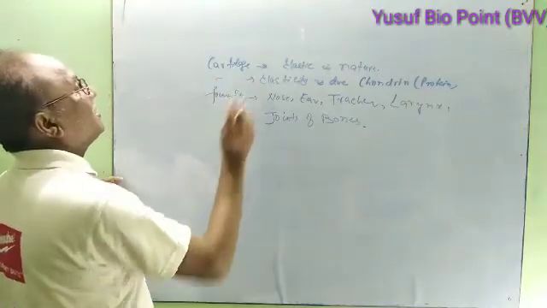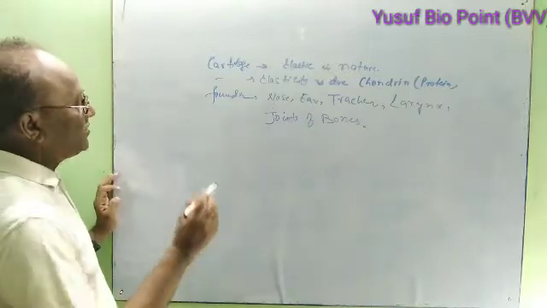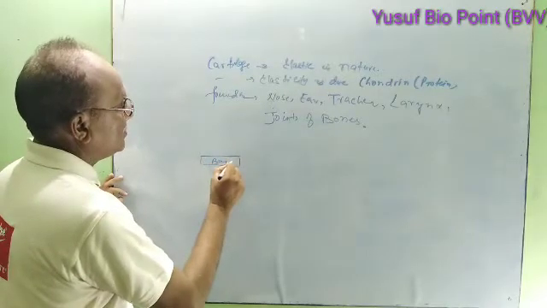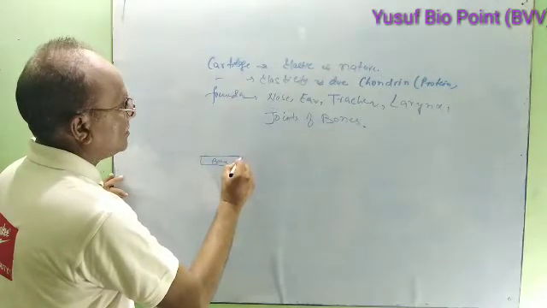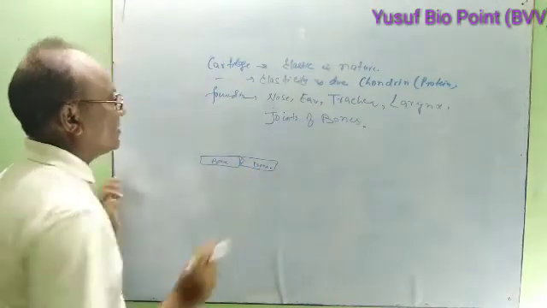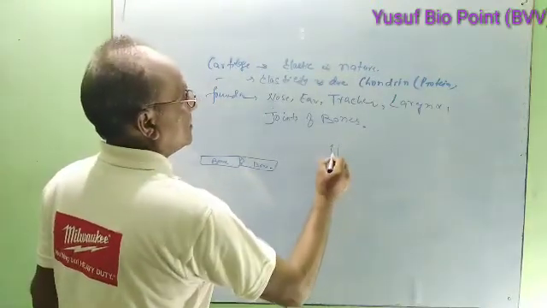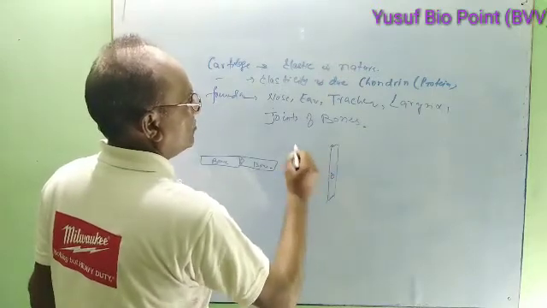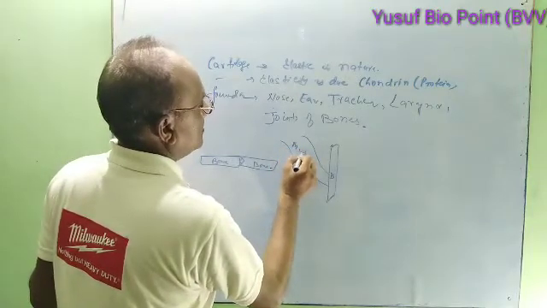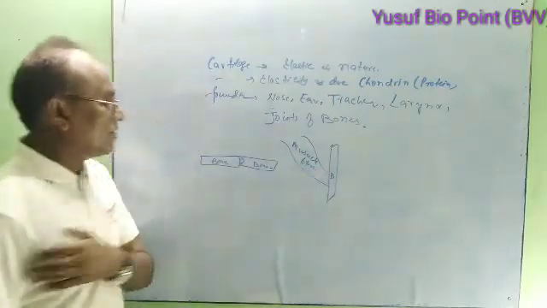So this is about the cartilage, and before this we know that this is a bone, this is also bones, and this is muscle fiber.